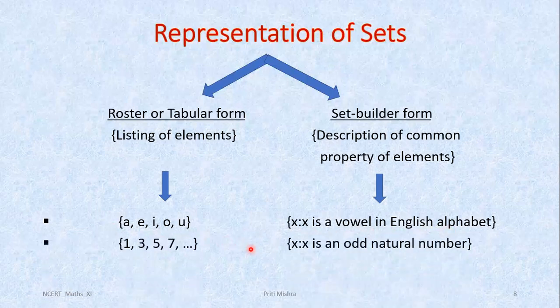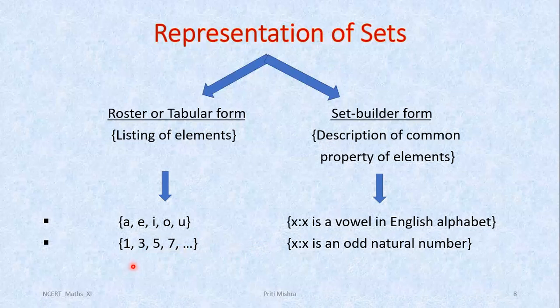Let's have another example. In this, I have taken 1, 3, 5, 7, and so on within curly braces, meaning I have listed all the numbers here. So this is the tabular form of the set. In order to write this set in set builder form, we need to find their common property.